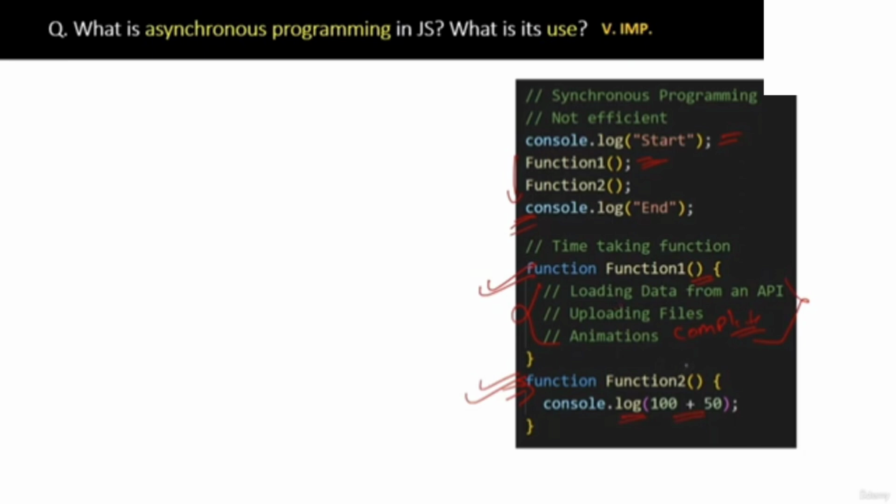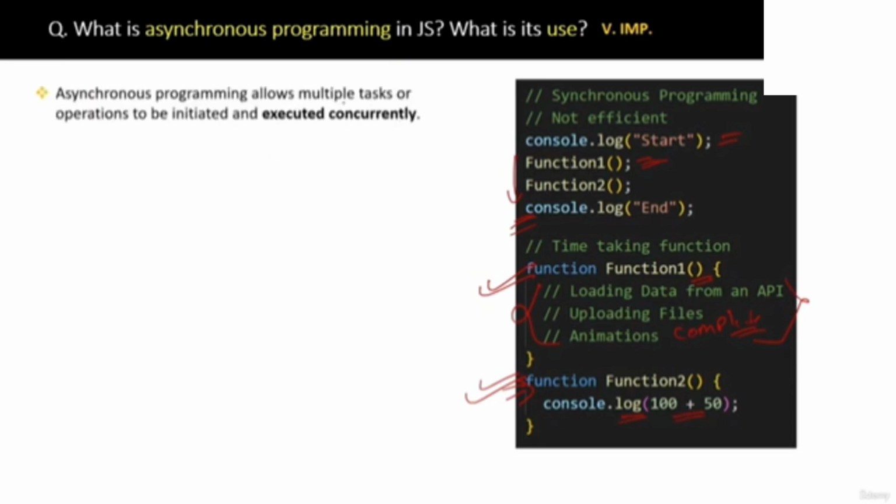Here are some points you have to remember: asynchronous programming allows multiple tasks or operations to be executed concurrently. Another very important point is that asynchronous operations do not block the execution of the code.